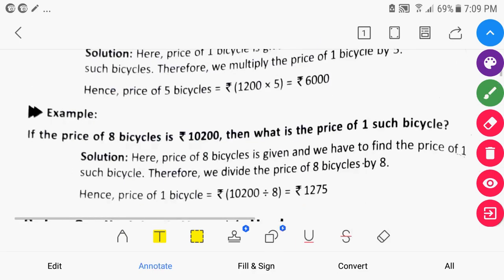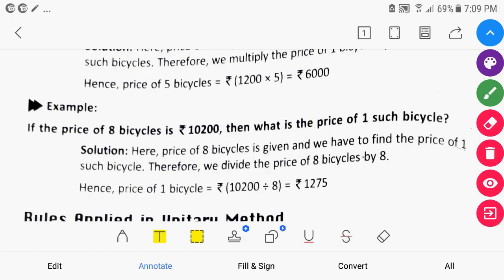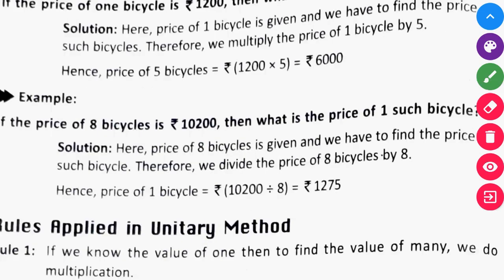Now moving to our next example. They have given us the price of 8 bicycles, that is 10,200, and the price of one such bicycle is asked.